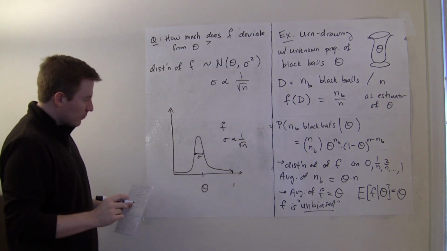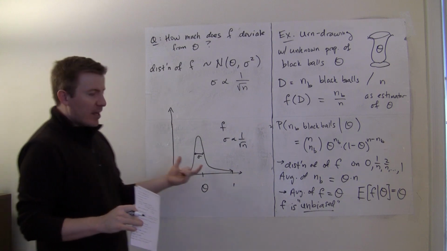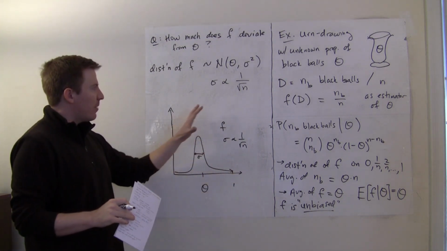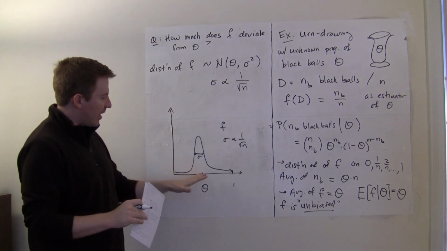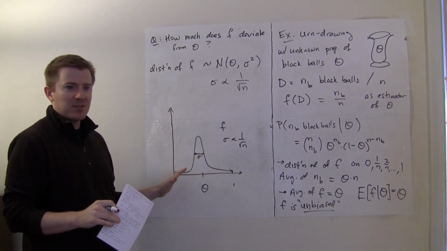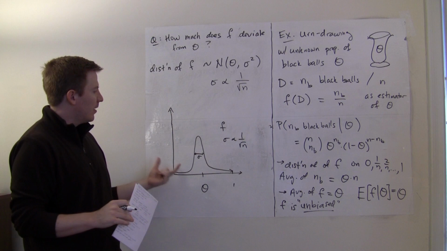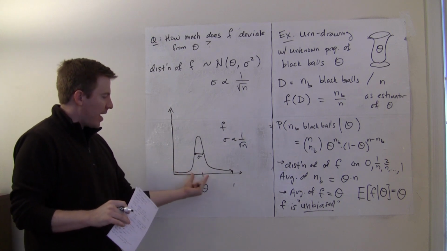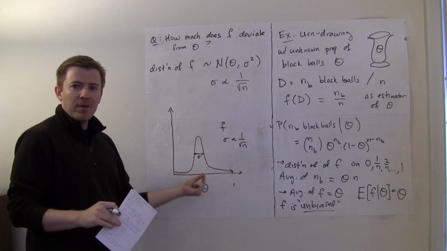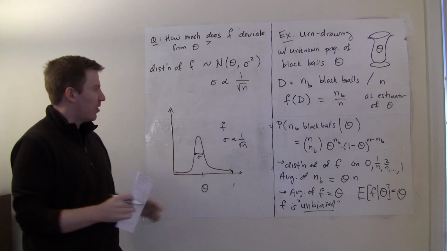Great. So if we make that approximation, now we can say a lot about probabilities of getting f in various ranges of this distribution, and we can ask things like, what is the probability that f deviates from theta by some largest number?